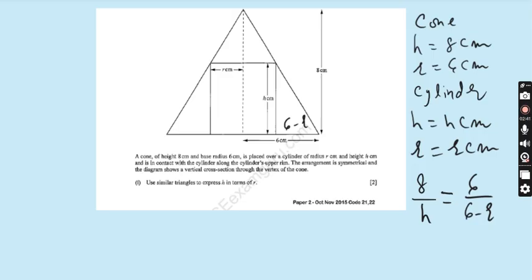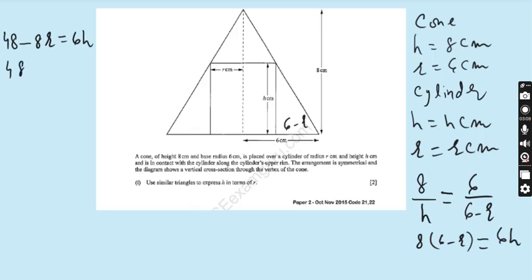Cross multiply: 8 into 6 minus r, h into 6 is 6h. 8 sixes are 48 minus 8 into r is 8r equals 6h.